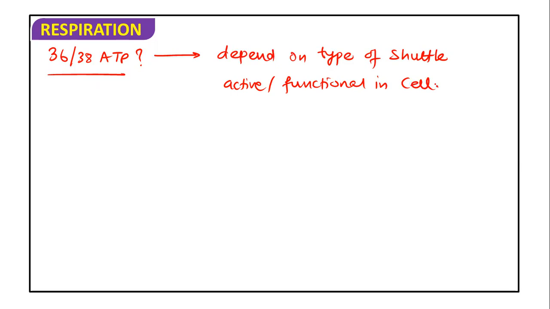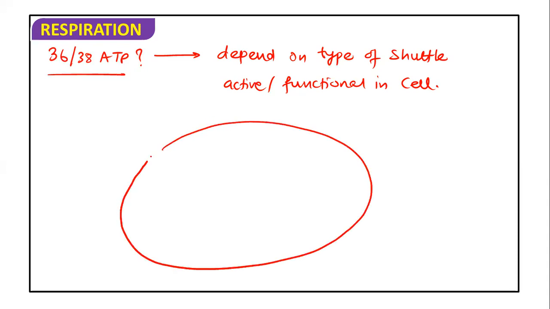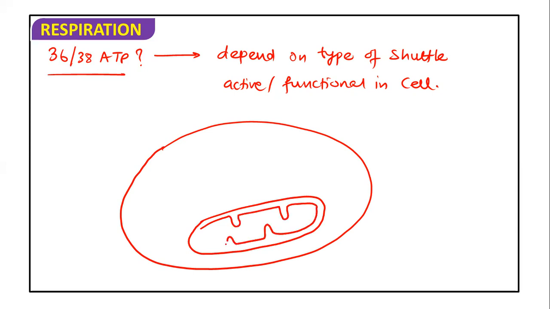Now the question is where these shuttles are located and what their function is. Suppose this is the cell, in the cell this is the mitochondria, and in the mitochondria these are the cristae.